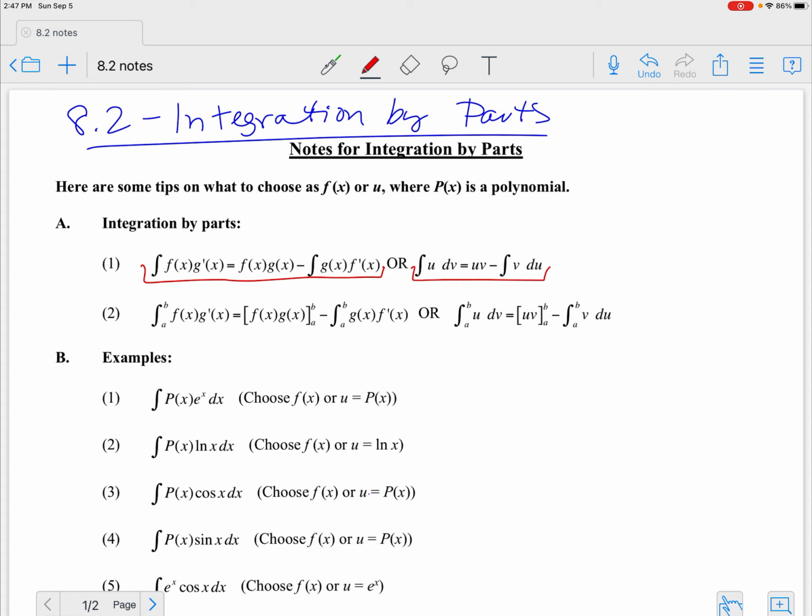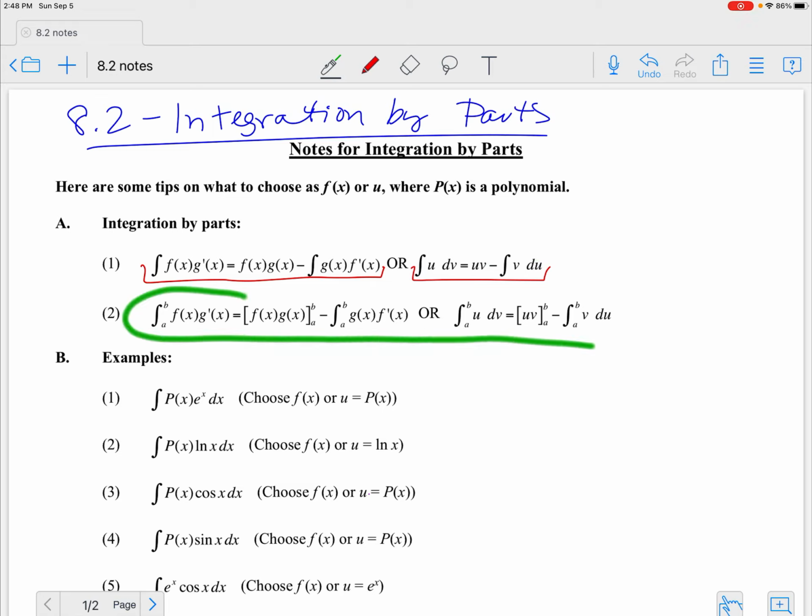Exact same thing. They're literally exactly the same thing. I like to use the function notation because it shows what it is a little bit better, so it makes more sense in my mind instead of the u, dv, v, du, although that is all super valid and it's less variables that you're looking at.